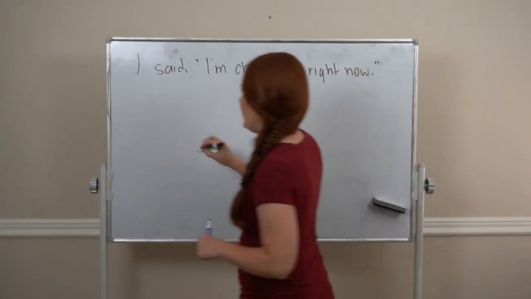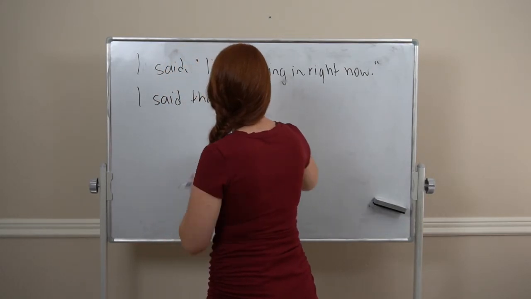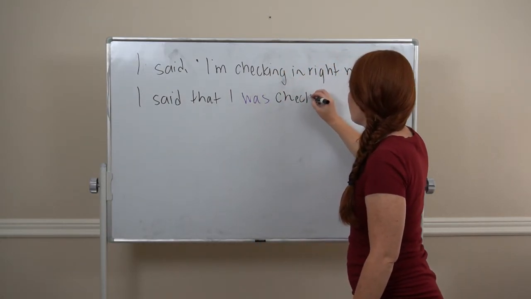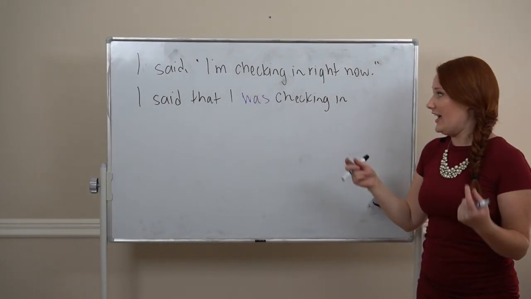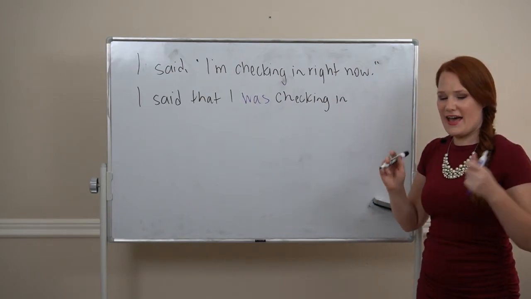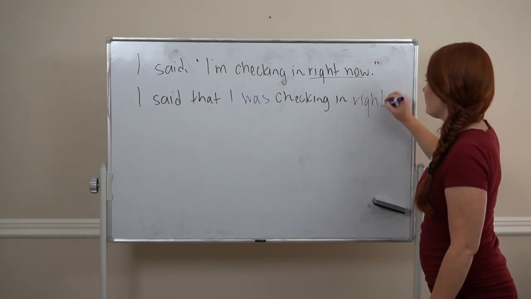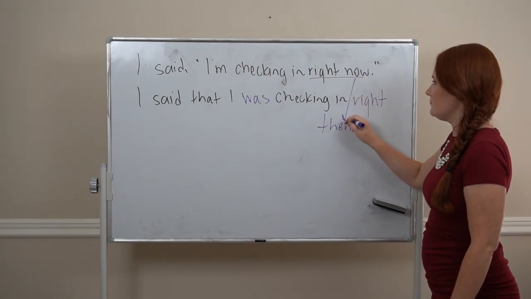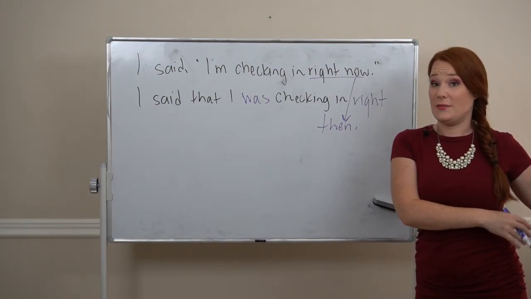So if I tell you about it, I can't say right now, I said that I was checking in right now. It's not happening right now. That was in the past. So now we'll have to change to then. I said that I was checking in right then. That's a time in the past.